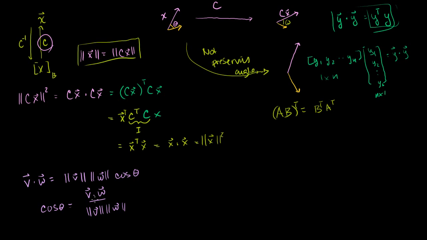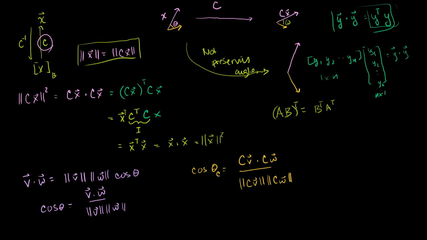So let's see what the angle is if we multiply these guys by C. Let's say our new angle, cosine of theta C, once we perform our transformation. We're going to perform the transformation on all of these. So it's going to be Cv dot Cw over the length of Cv times the length of Cw.